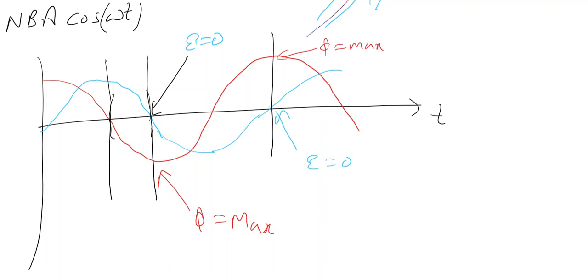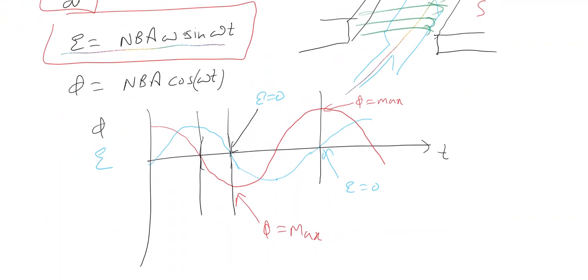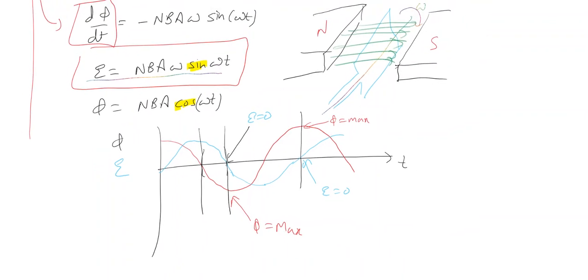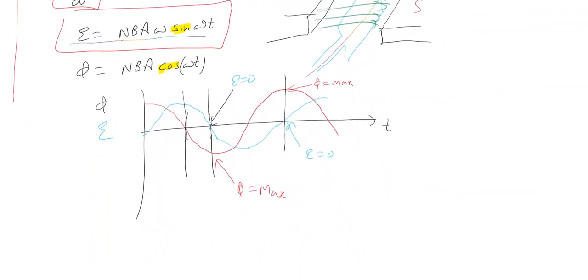That is the relation between flux and EMF, because one is a function of cos whereas the other is a function of sine, and that is how EMF is produced. This is actually the maths part of the AC generator. Electromagnetic induction is the principle.